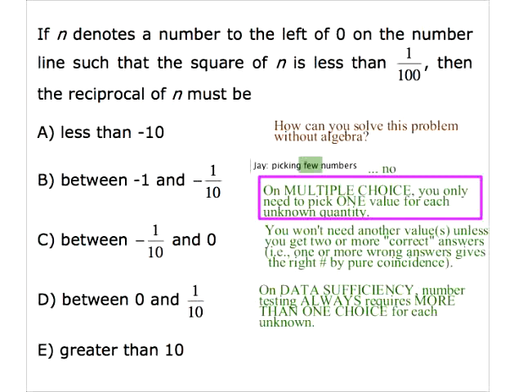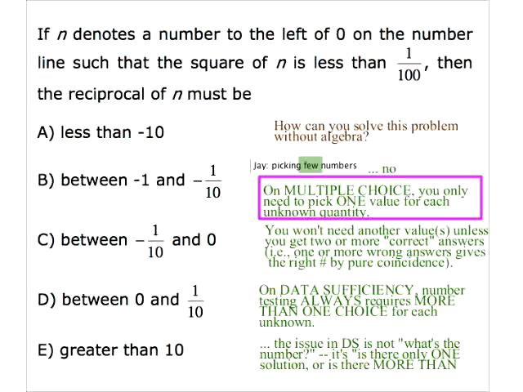Because remember that the issue in data sufficiency is not what's the number. It's, is there only one solution, or is there more than one? And that's a question that you can't answer without multiple plugins.